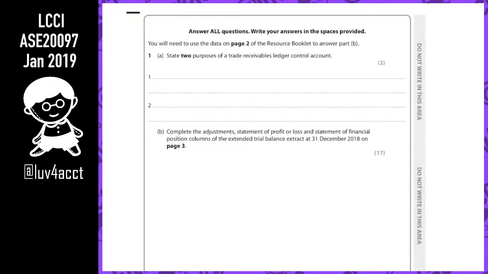receivables ledger control account. So control accounts. It is a summary, so provide a summary for management information.